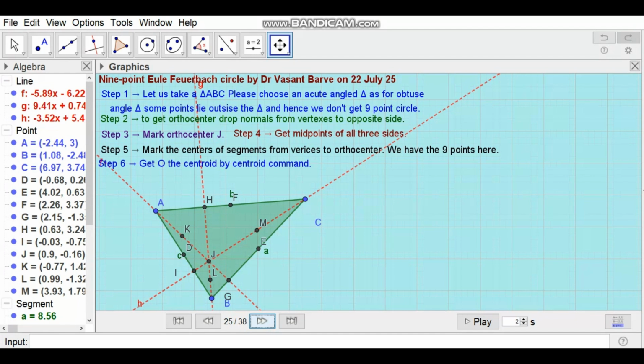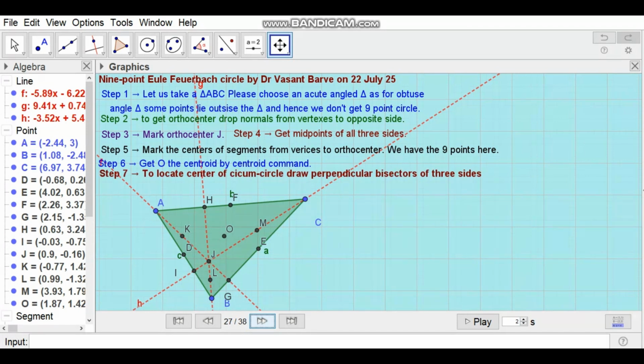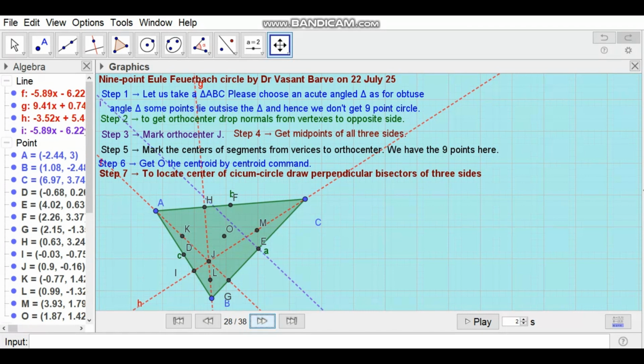So we have to get O, the centroid, by centroid command we can get that. See, I have got the centroid here. Then I locate the center of circumcircle. You know, for that I have to draw the perpendicular bisectors of the 3 sides. I've got a tool for getting perpendicular bisector. So I get that.